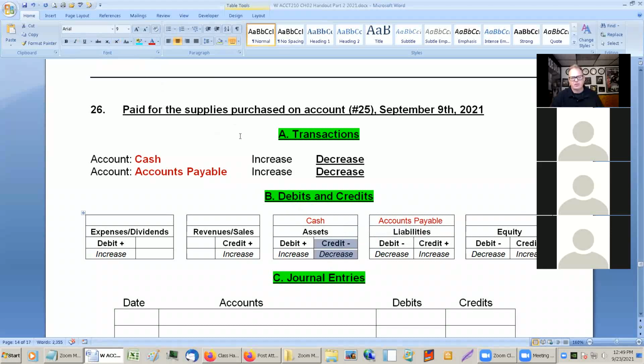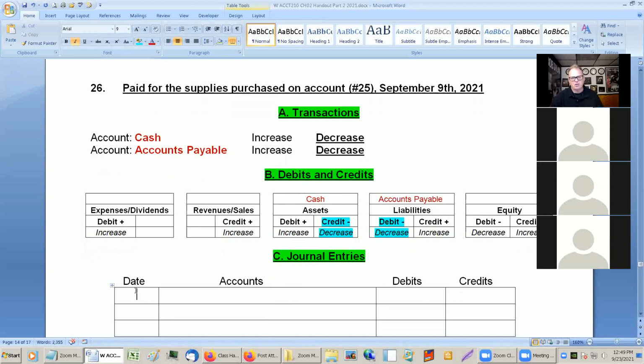Okay, so cash is going to decrease with the credit, and accounts payable is going to decrease with the debit. So, September 9th.